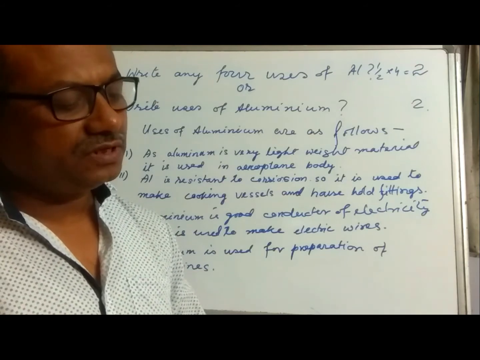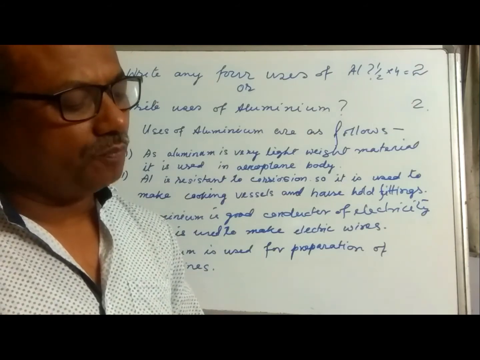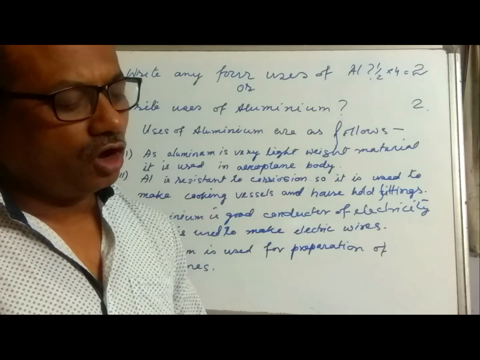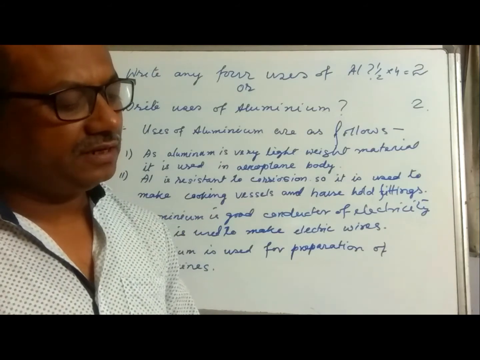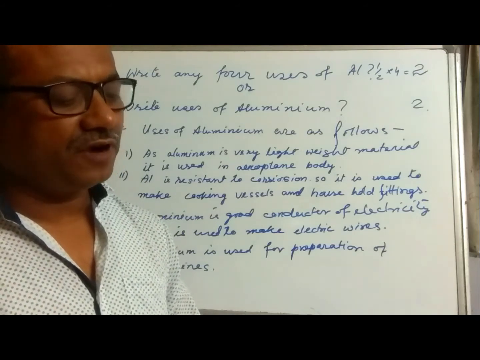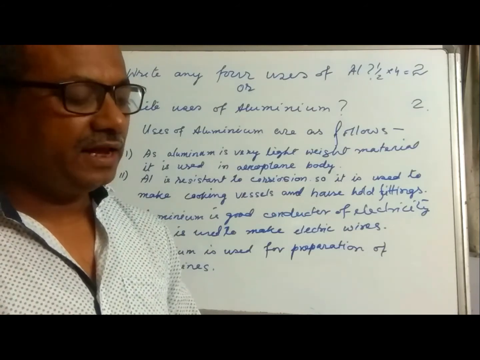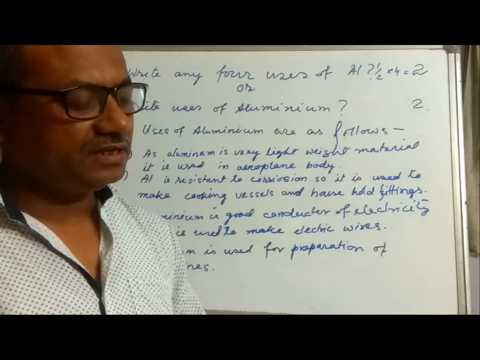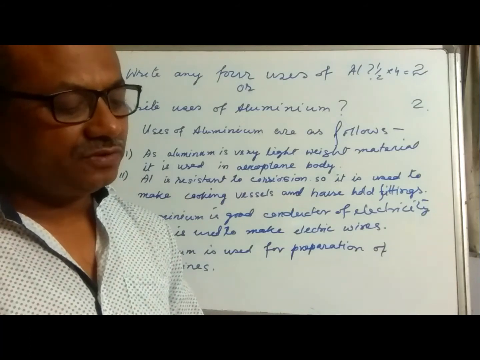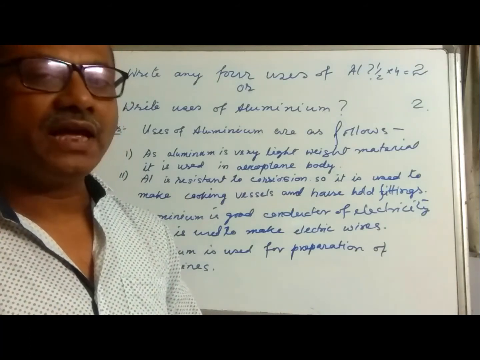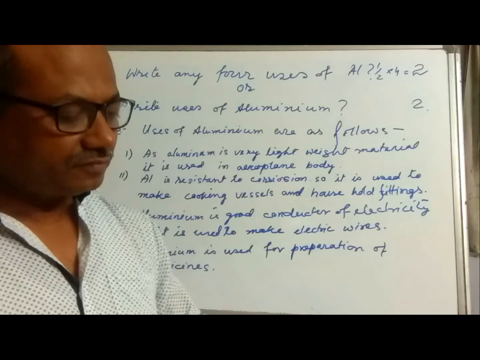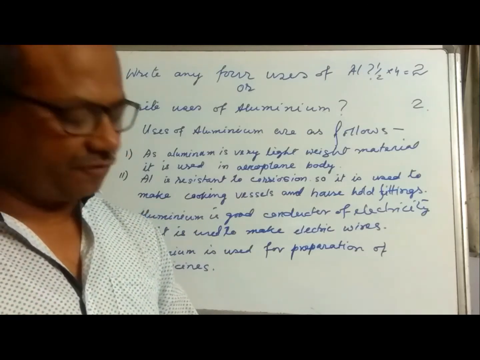Hydrogen is used in preparation of many compounds such as ammonia, hydrochloric acid, urea, artificial fertilizer, and ghee by hydrogenation of oil, etc. Hydrogen is used as a reducing agent in many chemical reactions. So these are the uses of hydrogen.